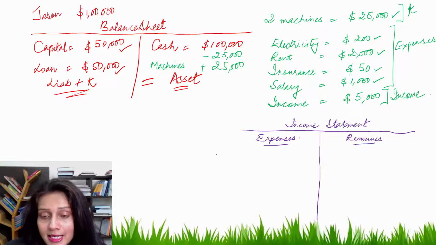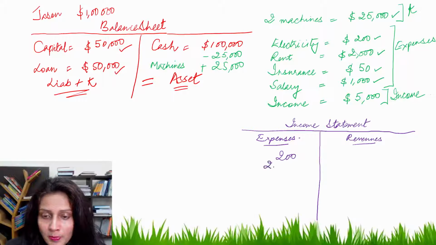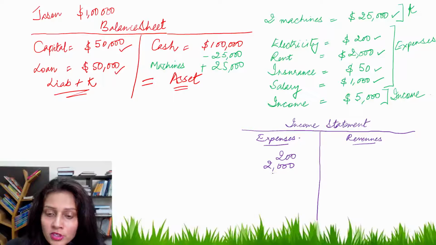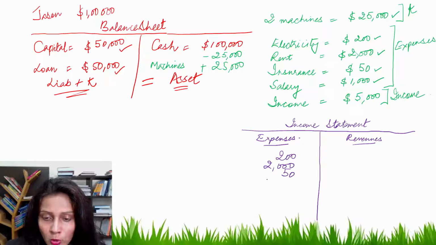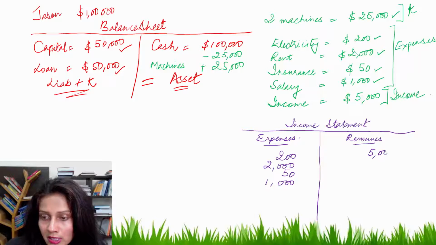We have electricity, which is of $200. We have rent, which is of $2,000. We have insurance, which is of $50. And we have a salary payment, which is of $1,000. At the same time, we also have an income, which we earned through this period, which is $5,000. So let's list $5,000 here.